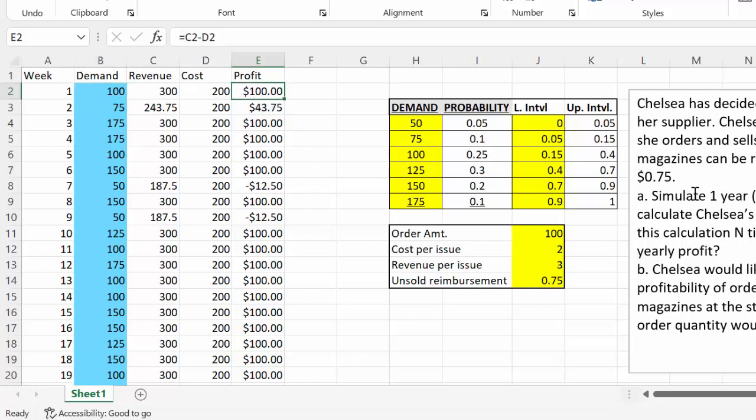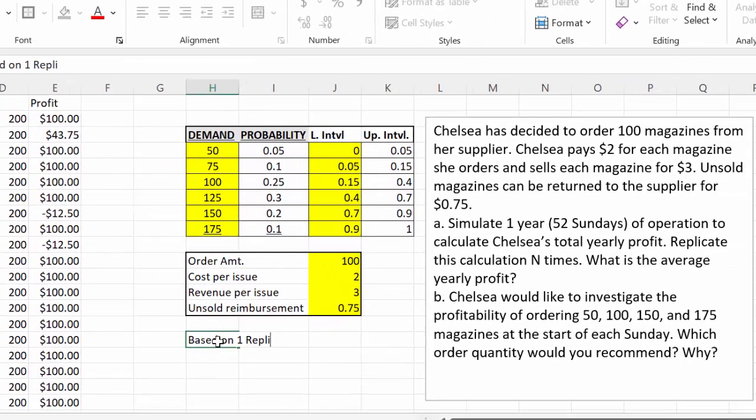Okay, so we simulated 1 year of operations to calculate the yearly profit, and they're saying replicate this profit n times. So they're looking at the average yearly profit. We'll calculate the average yearly profit, based on one replication.